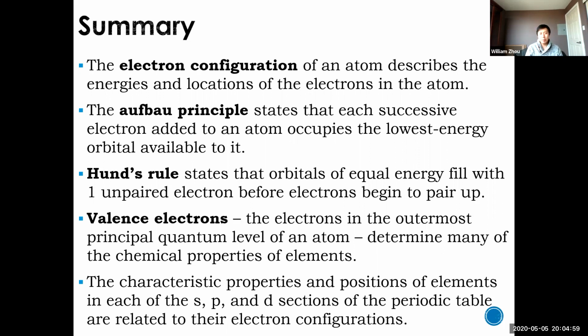And you pair them up only if you absolutely have to. Valence electrons are the ones in the outermost shell, well, I shouldn't say shell anymore, the highest quantum level. That's not very precise, but it's a good enough definition: the highest n values. Those participate in chemical bonding. The d's and the f's, if they're full, don't count.